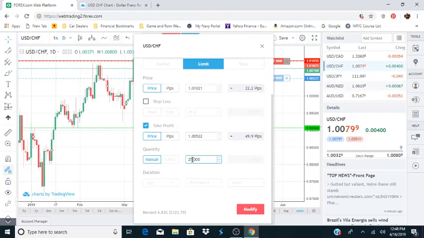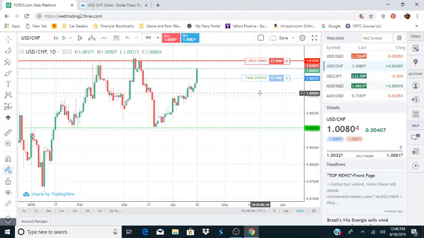Now, this is a mini account, which means I have about $2,600 in this account, so I don't want to go that high. I'm not going to modify it. I'm going to leave it at 17. That's what I'm willing to risk for this particular account, and we're going to see what we come out with. We're only going basically 50 pips, we're going to get $84 out of that, and we're going to keep pushing.